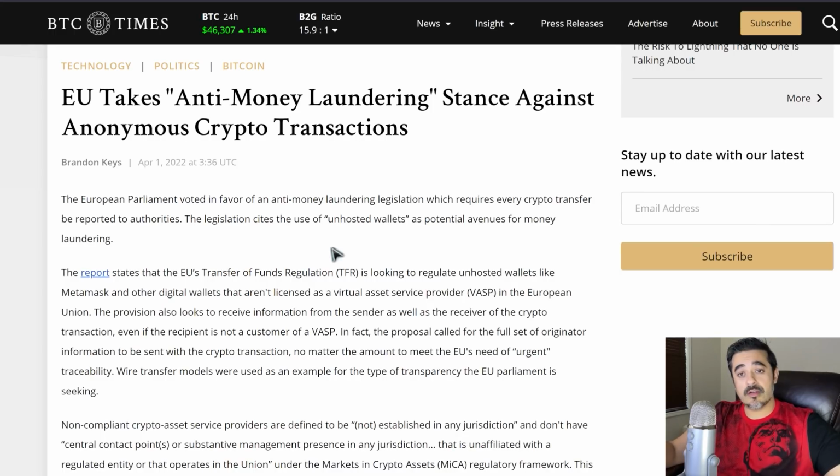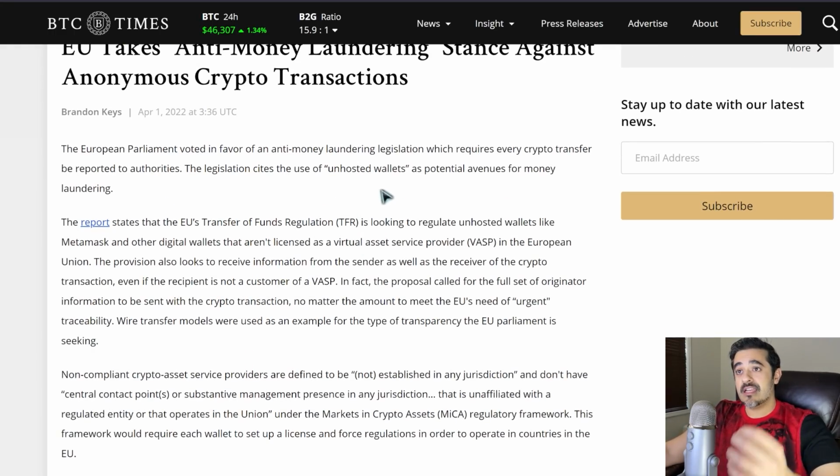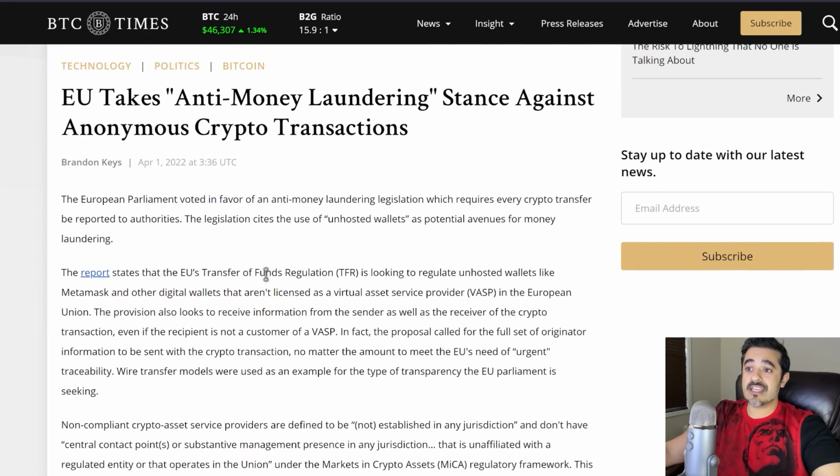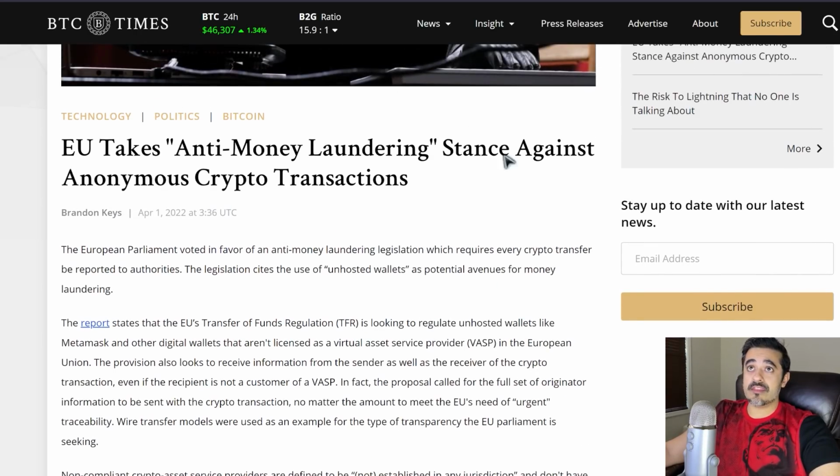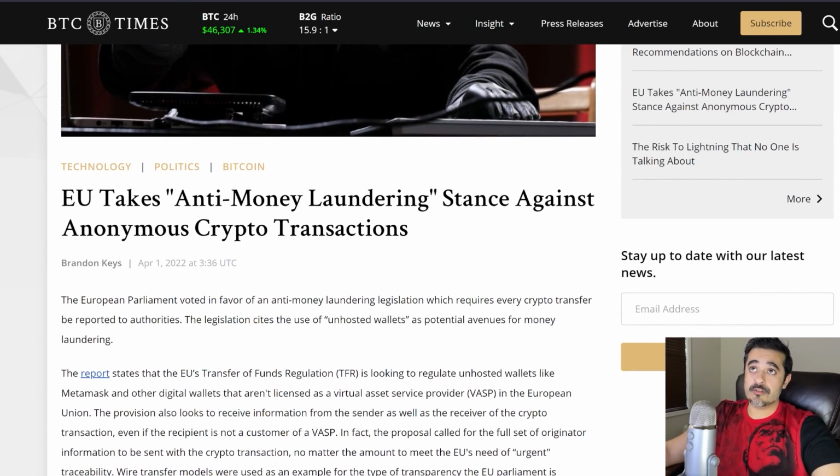Where are the rules? Where's the delineation? So we really need to know that. I haven't looked into this deep enough to know, but I know that this has been a big reason for why we have seen so much volatility lately. So this is one big thing, and this is worth looking into more. I'm not going to do it in the short video. We might do it on a podcast very soon.